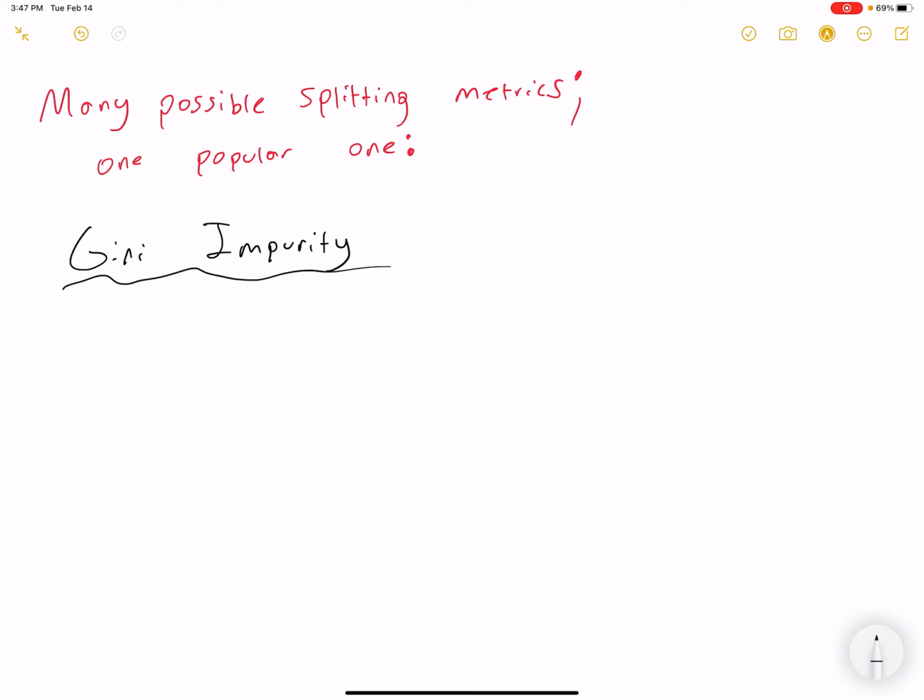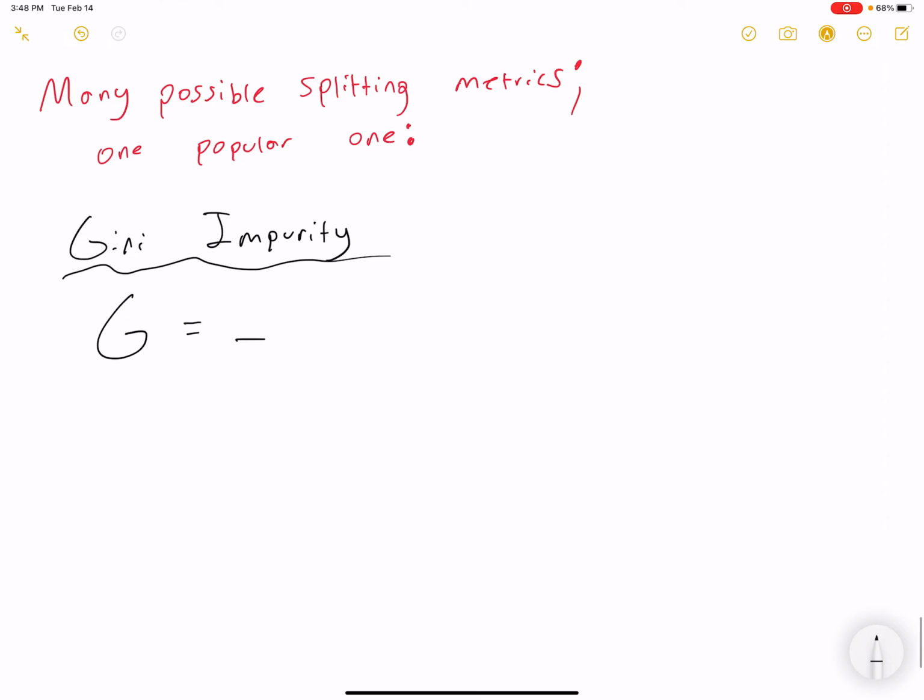So Gini impurity can be defined as 1 minus the sum over the classes of the probability of each class squared.